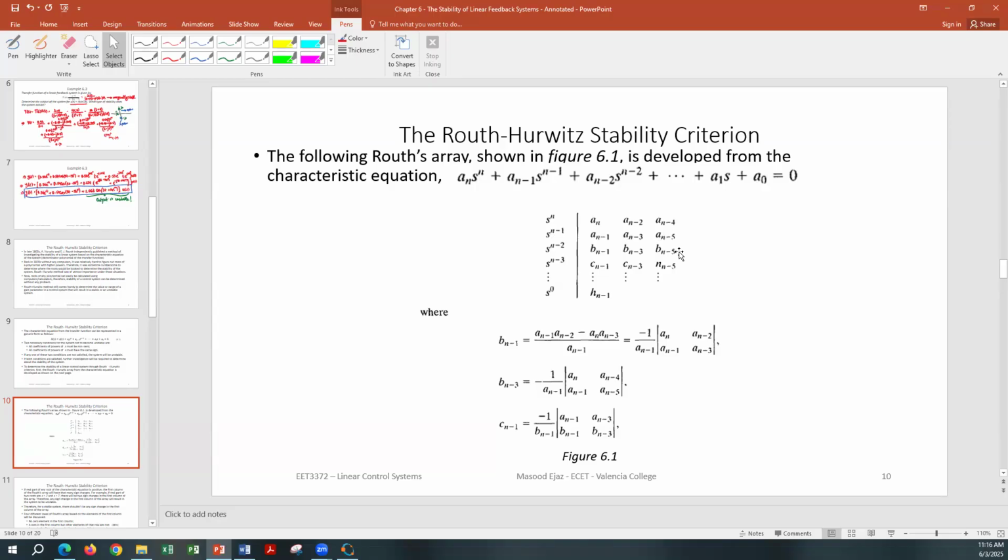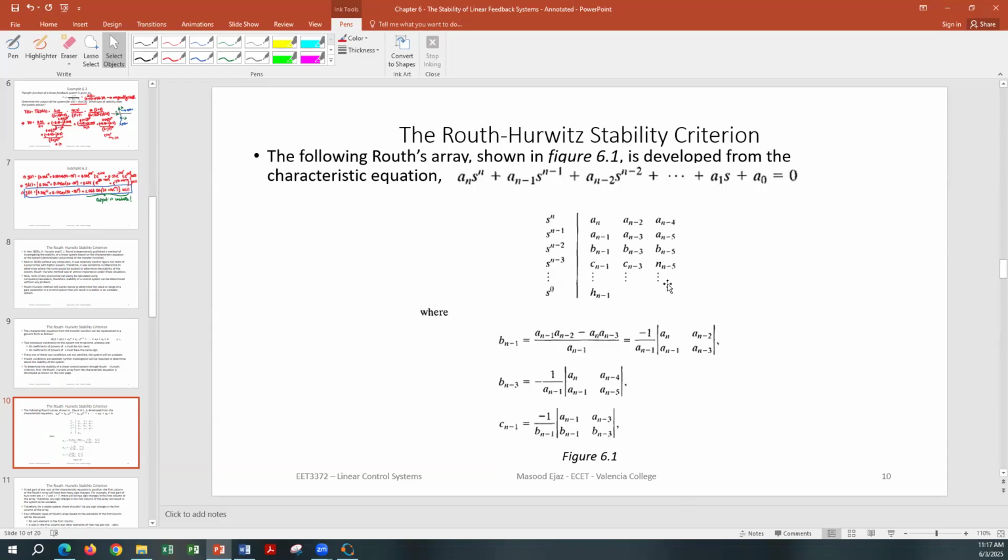And then for the third and subsequent lines, you have to calculate the values. So how do you calculate these values? b_(n-1), b_(n-3), b_(n-5), c_(n-1), c_(n-3). So b_(n-1) is negative 1 over a_(n-1) times the determinant of the first column and the second column. b_(n-3) is again negative 1 over a_(n-1) times the determinant of the first column and the third column.